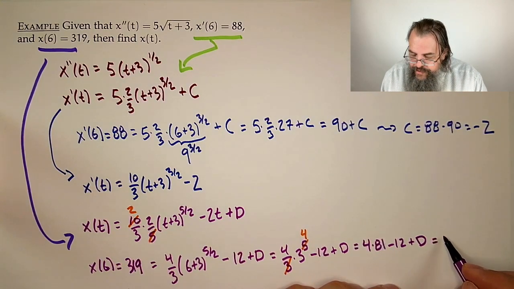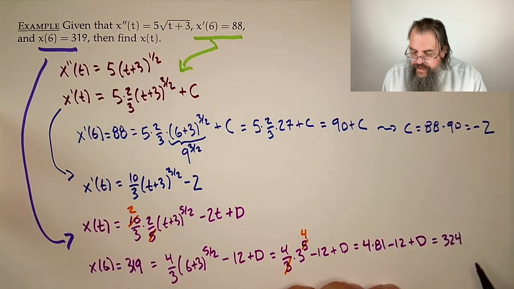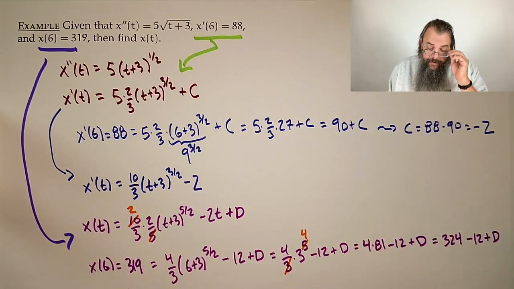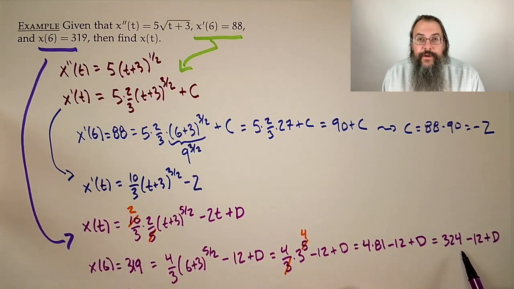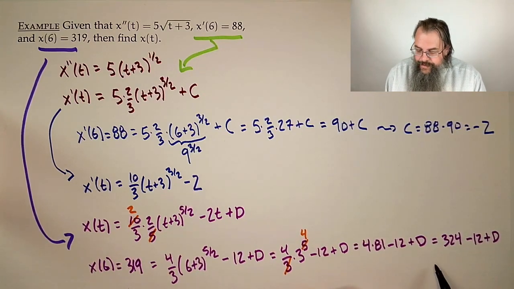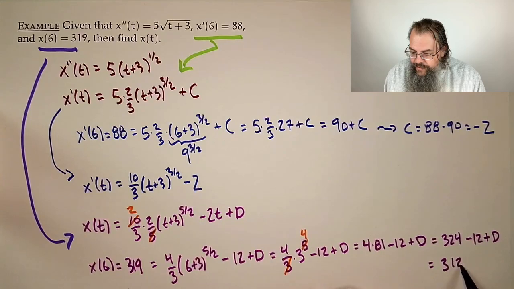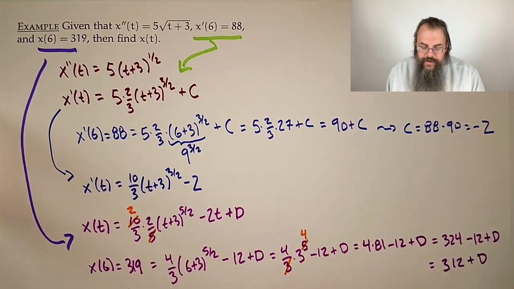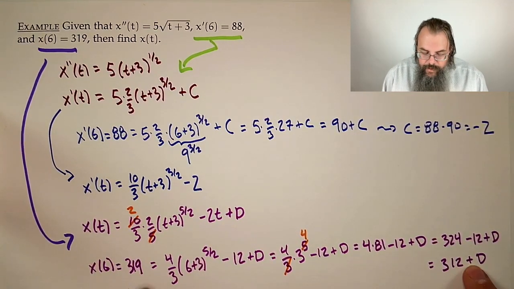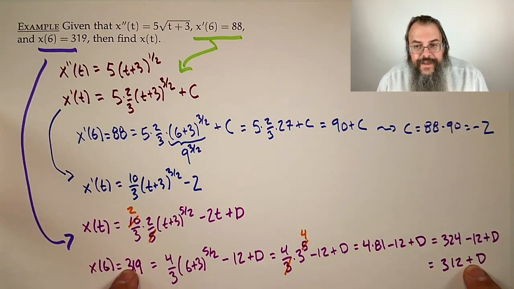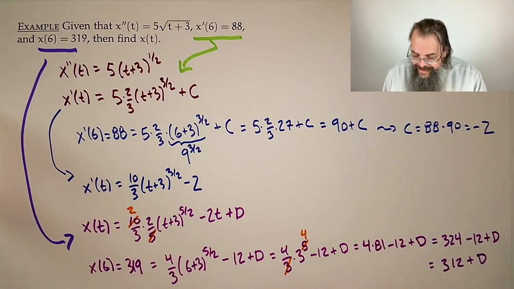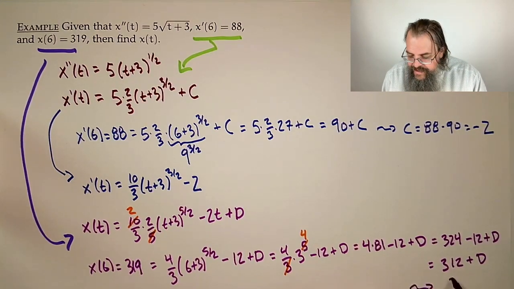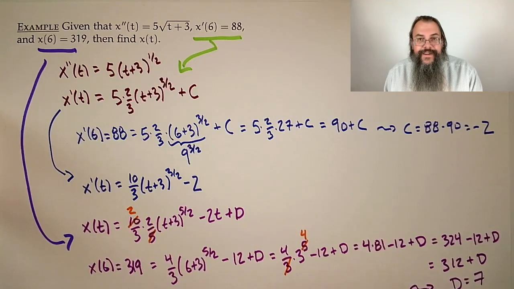So that would be 324, and then minus 12 plus d. That's 312 plus our constant d. And we say, 312 plus what gets us to 319? We can do that in our head. That tells us d should be 7.